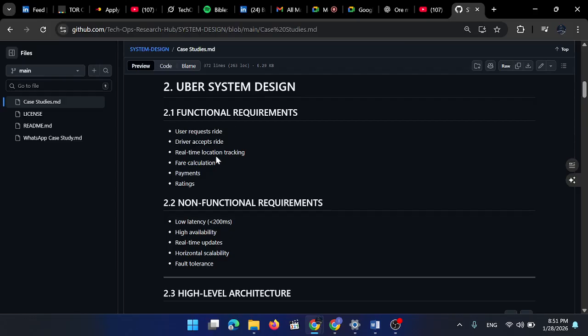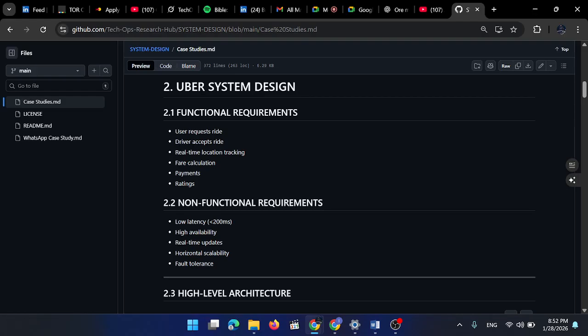Then real-time location tracking. That is very important because the driver and the user need to know where the car actually is, or rather where the driver actually is. Same case for the driver. The driver needs to know where the user actually is, or rather where the client actually is. Without that real-time location tracking, it's very hard for that to happen.